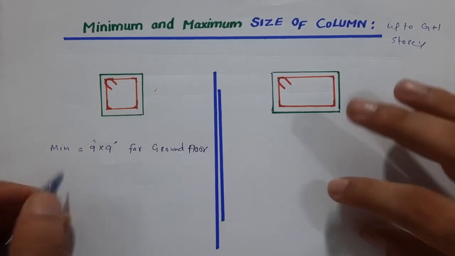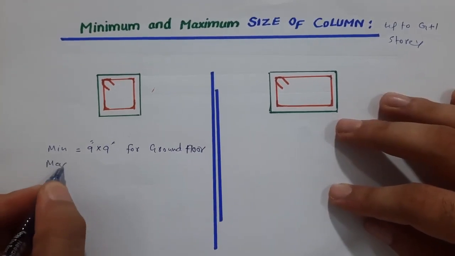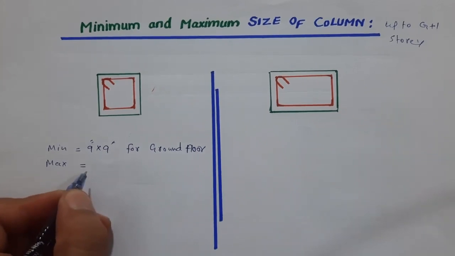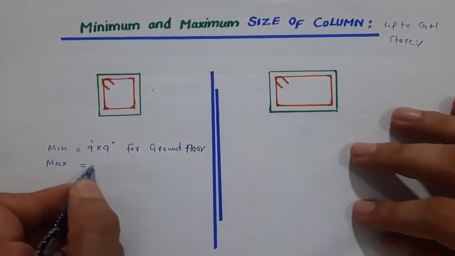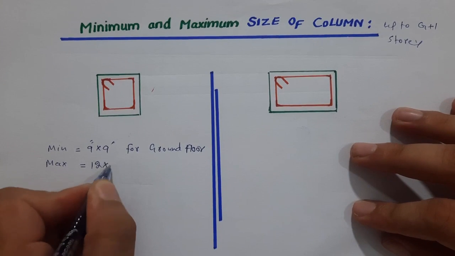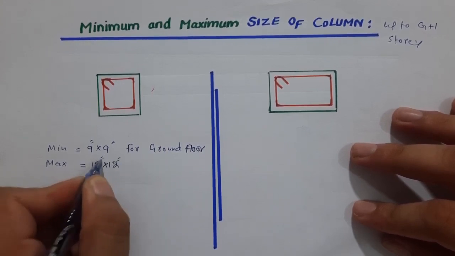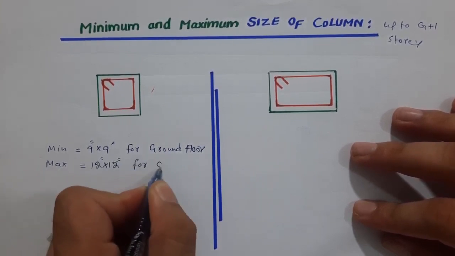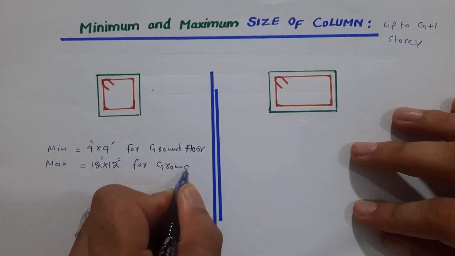This is the minimum size, and the maximum size for ground floor is 12 by 12 inches.